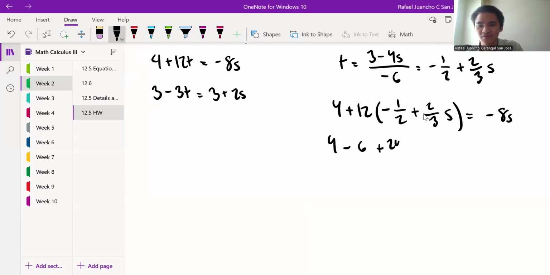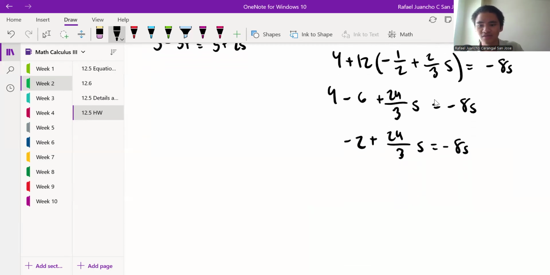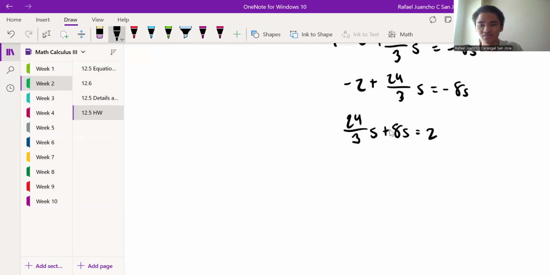And here I add 24, 12 times 2 over 3s. 4 minus 6 is negative 2. Equals negative 8s. Now I can switch one of them. I'll do 24 over 3s plus 8s equals 2. So I put all the s's on one side. 24 over 3 is 8.